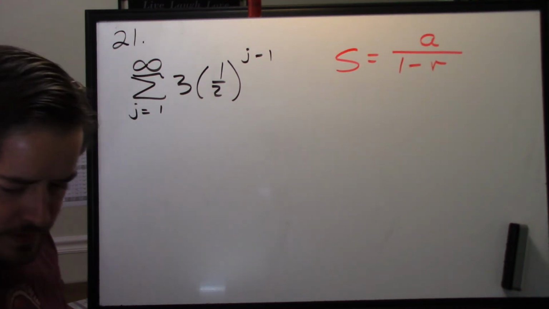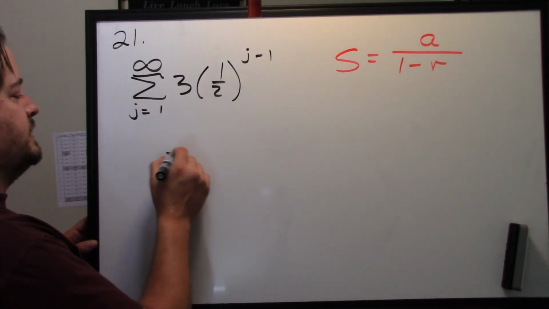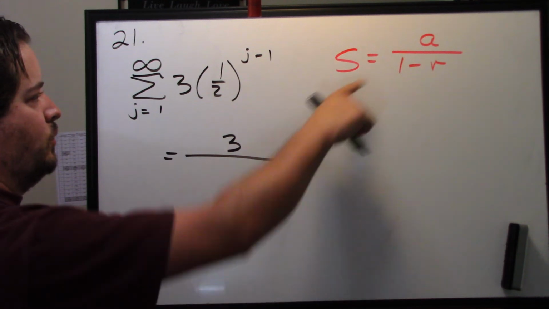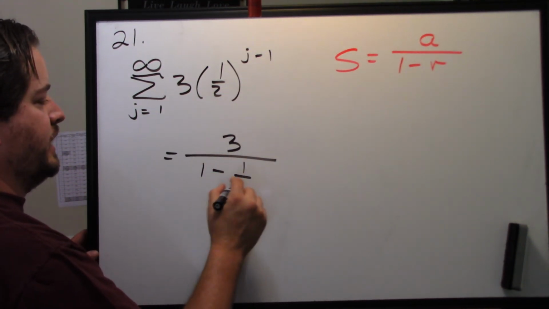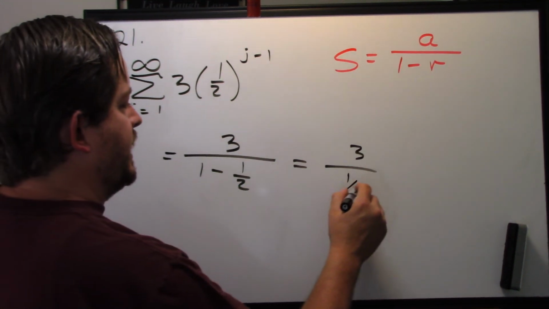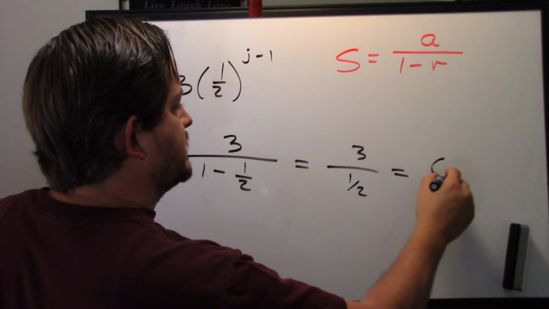And so I can write this then as a is 3. 1 minus r is 1 minus 1/2. So this is 3. 1 minus 1/2 is 1/2. 3 divided by 1/2 is the same as 3 times 2, and so I get 6.